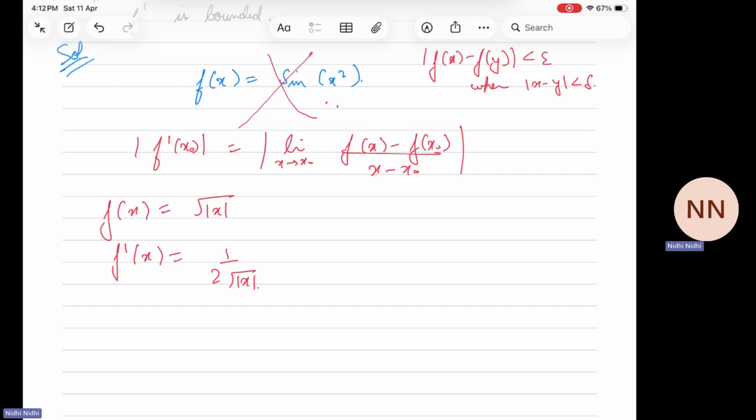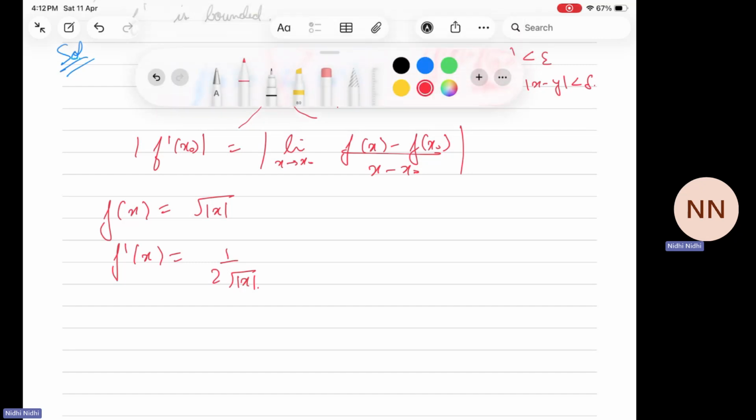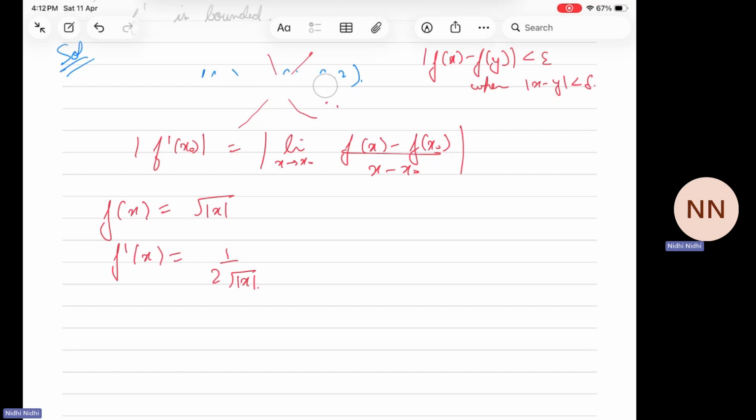Yeah, so a better example would be root mod x. I'll just explain how.